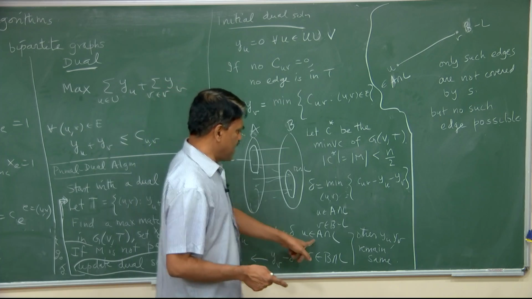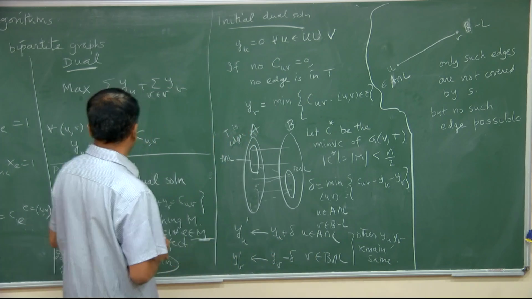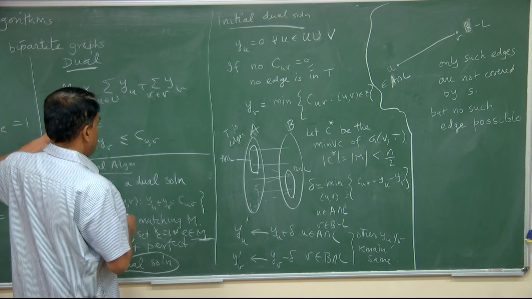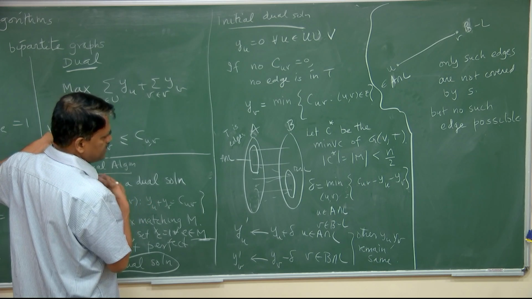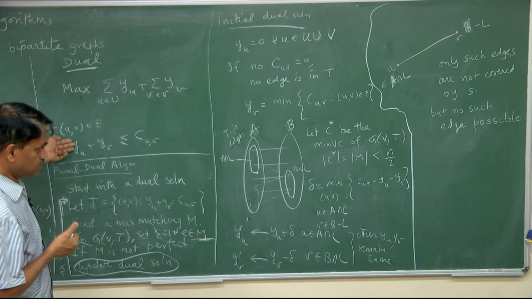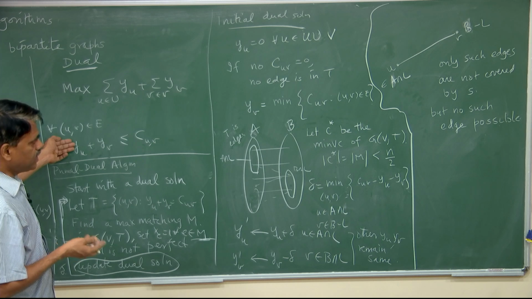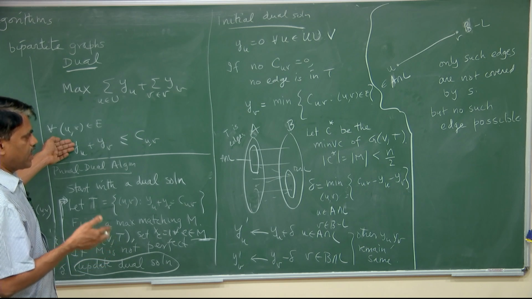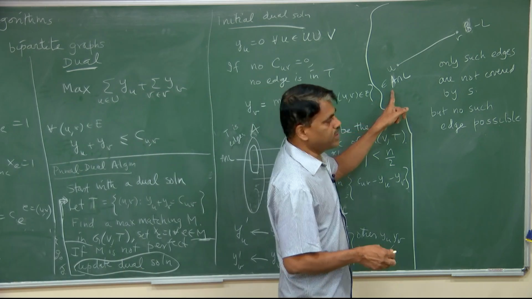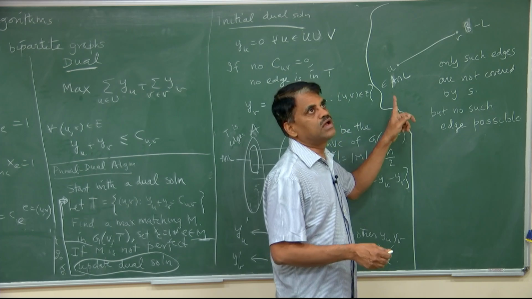So the only thing I need to worry about is anything which I increased. So anything in A intersection L, I increased. But if anything is in A intersection L, the other endpoint cannot be in B minus L, right? That's what this statement is.